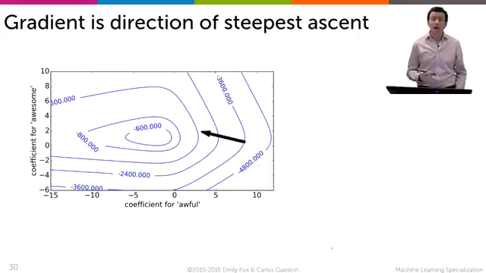In this picture, I'm showing you the landscape, the contour plot for our sentiment analysis problem, which is the data that we'll be using throughout the module today. But just for a subset of the data, we're only looking at two possible features, a coefficient for awful and a coefficient for awesome.